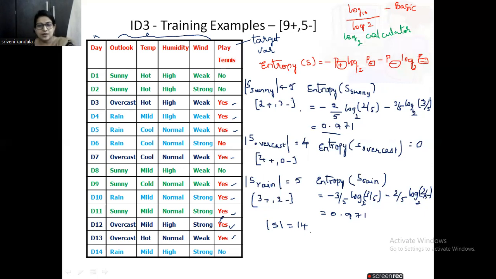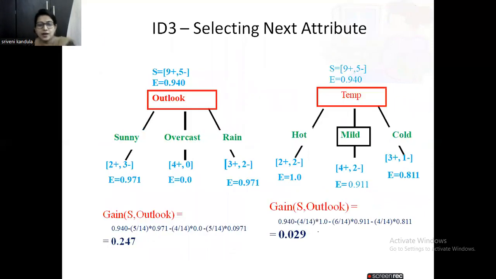Okay, so with these values, let us calculate the information gain. Here I have given the information gain of Outlook. These are the entropy values that we have obtained, and we are just substituting them in the gain. That is entropy of S, which is 0.940, minus mod SV, cardinality of sunny, that is number of examples are 5, divided by cardinality of S, 14, multiplied with entropy 0.971, minus 4 by 14.